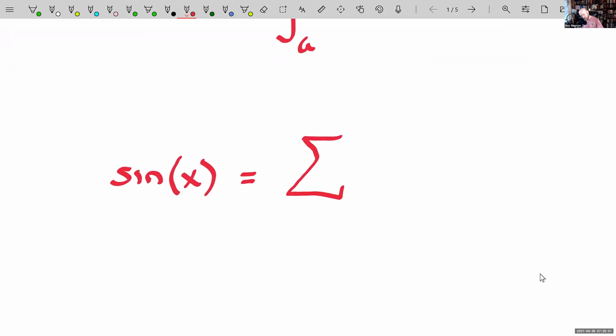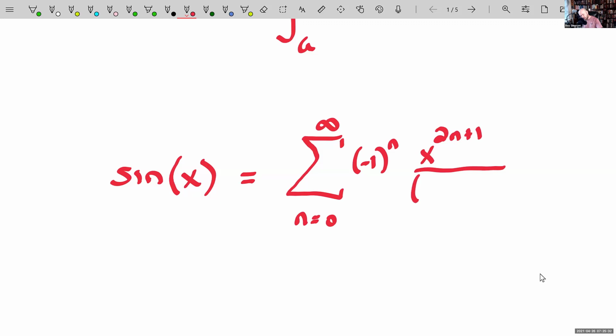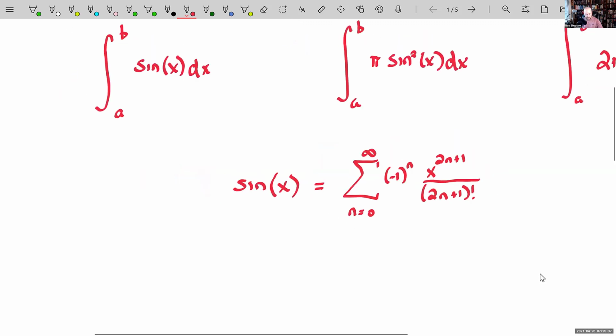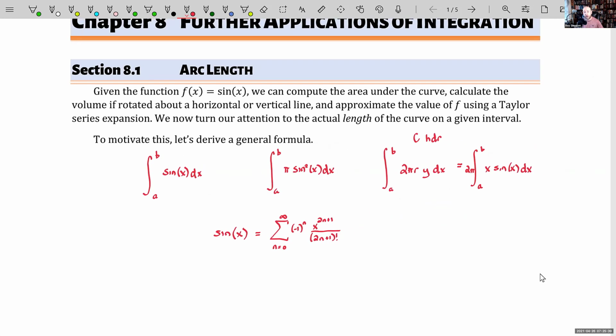That is of the form summation n equals 0 to infinity of (-1)^n x^(2n+1), because sine is odd, over (2n+1) factorial. So these are all the things you can do so far with something simple like the sine function. First one is an area. Second one is a volume. Third one is also a volume, just about the y-axis. So we've done all that.